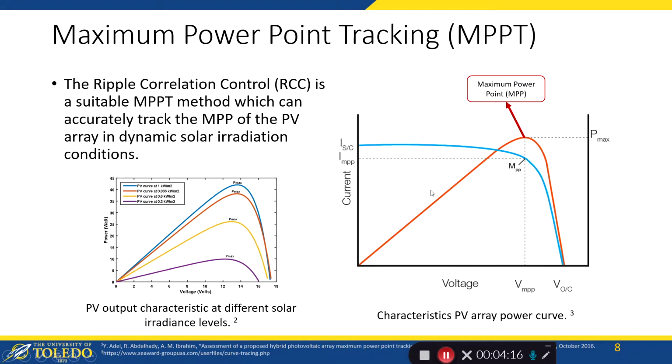And on my right we see how the maximum power point in the output characteristics PV curve of a PV array corresponds to a voltage which we call the VMPP and a current which we call the IMPP, and if and only if the panel is set at this voltage level and this current level, it will output its maximum power.